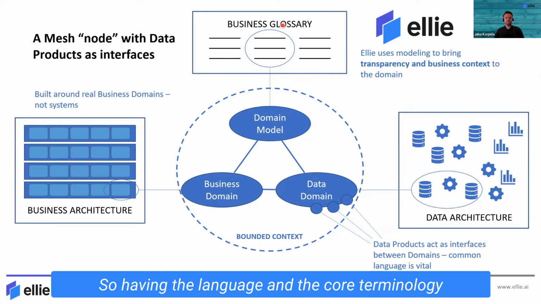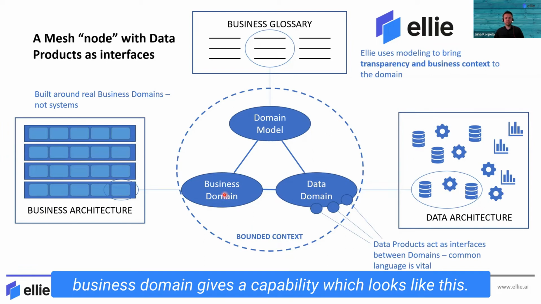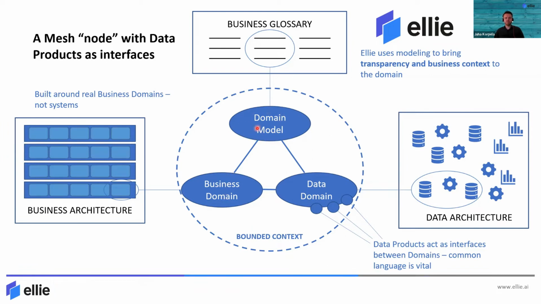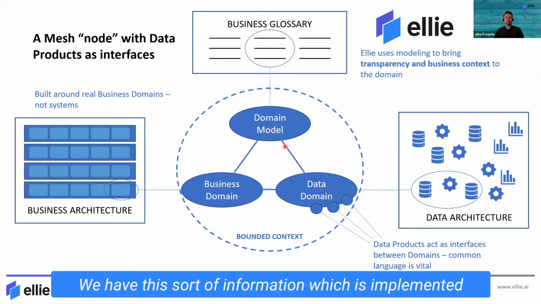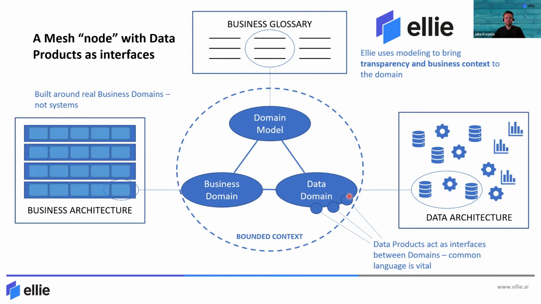So having the language and the core terminology in a kind of structuralized fashion described with a data model of that domain basically gives us the ability to understand that this business domain gives a capability which looks like this. We have this sort of information which is implemented in this data domain, from which we produce data, perhaps with these sorts of data products, which act as our interfaces into other domains.